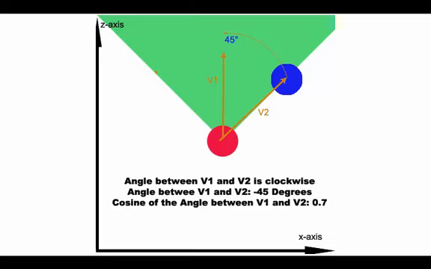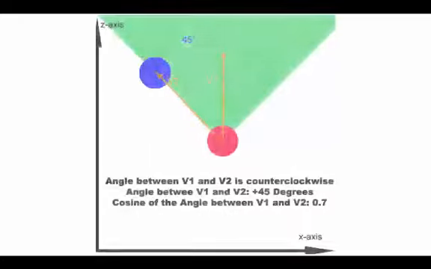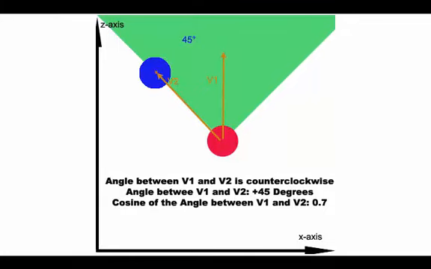When the player is in front of the NPC, the angle between V1 and V2 is 0, so the cosine is 1. And when the player is on the left border of the field of view, the angle between V1 and V2 is 45 degrees.